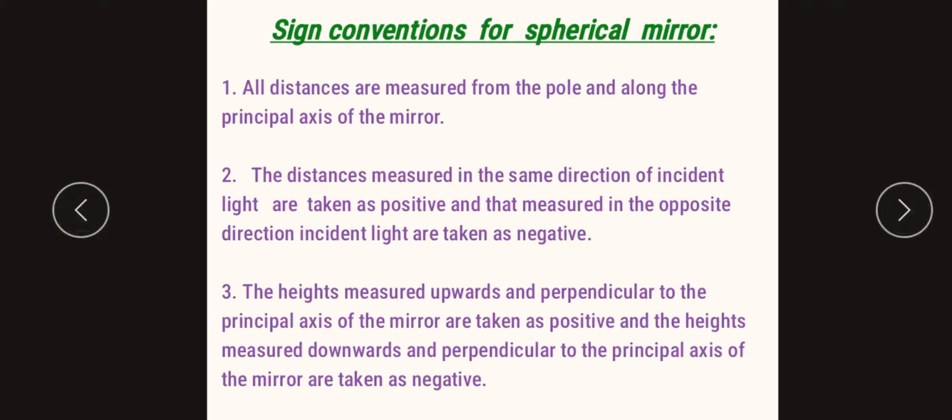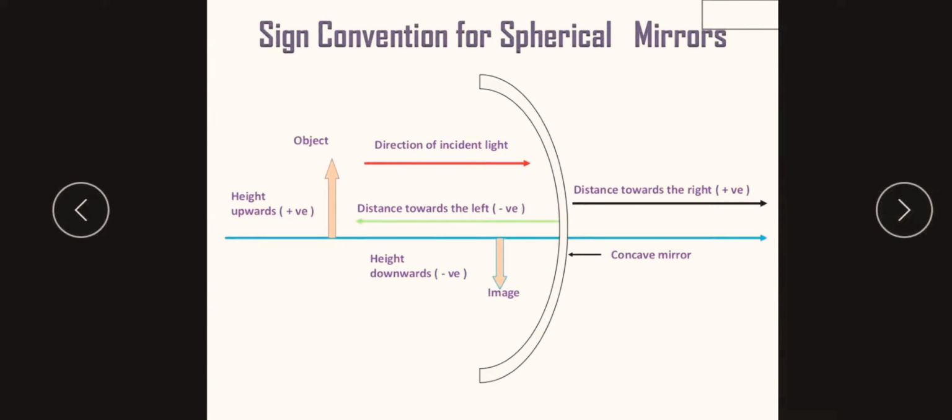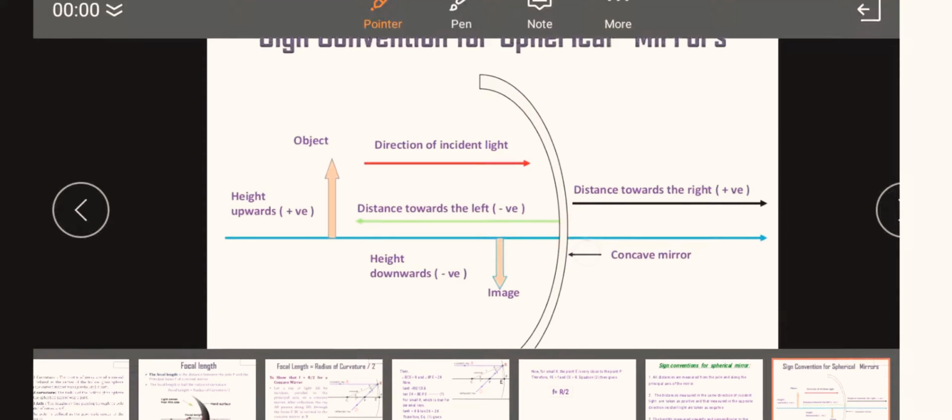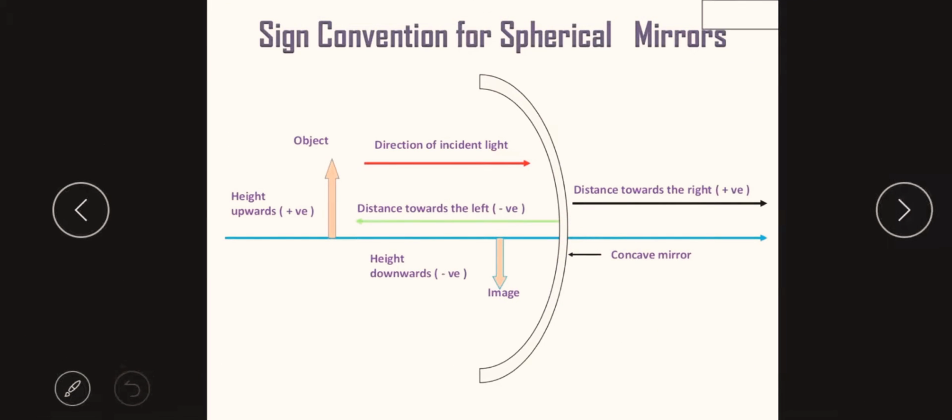All the distances are measured from the pole and along the principal axis, which is explained by a diagram like this. All the distances are measured from the pole. This point we can consider as the pole. Let me write it here. This is the pole.